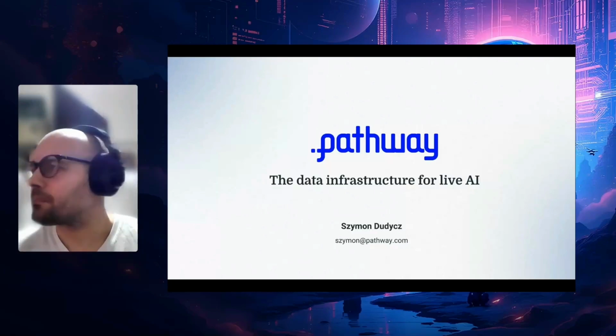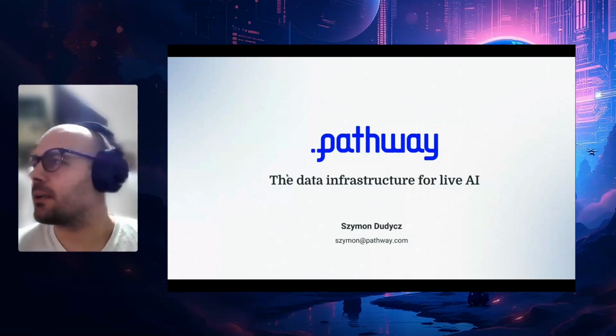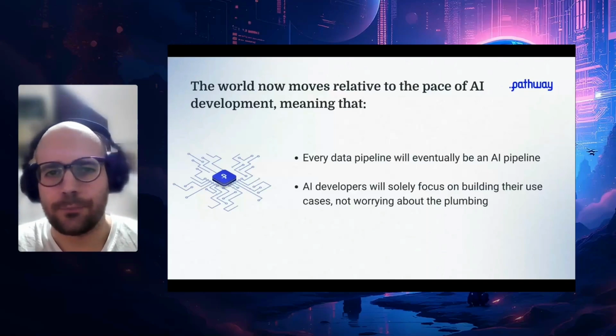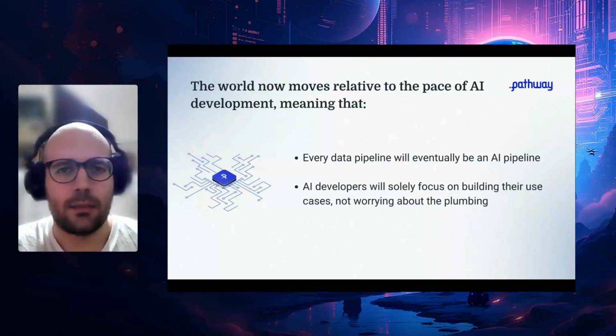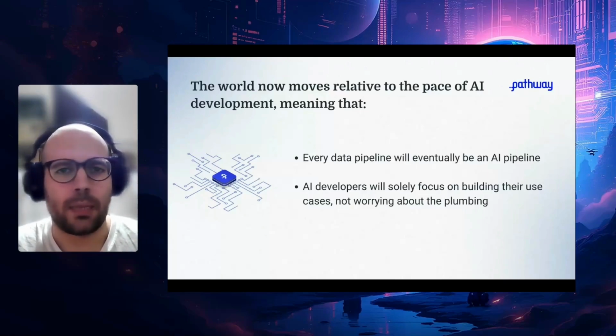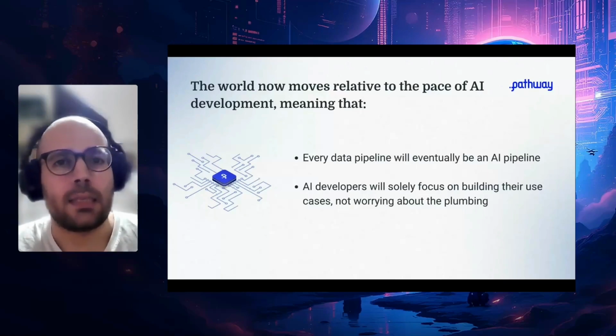Before we start, I would just like to quickly talk about Pathway. We are a startup working on AI pipelines, and our belief is that in the future, most pipelines will be AI pipelines. So our goal is to make them as easy as possible to make.